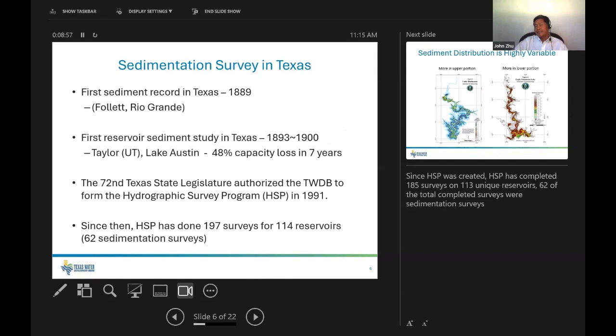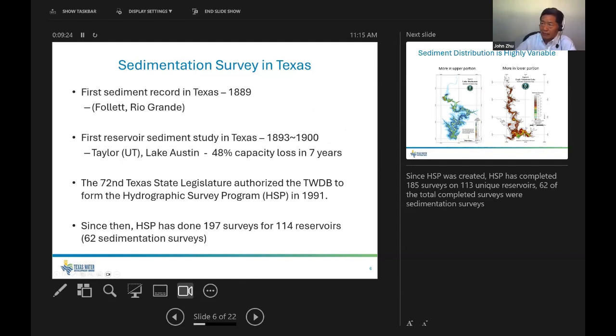So let us check the Texas reservoirs, how the sediment is distributed. And luckily, TWDB has a lot of lake survey data. In Texas, the first sediment record is from 1889, in a river catchment.